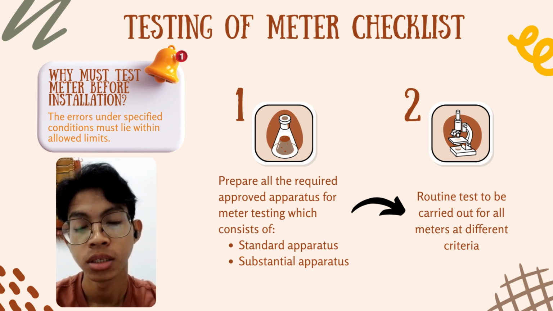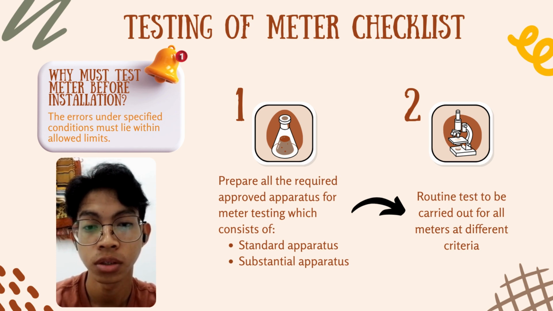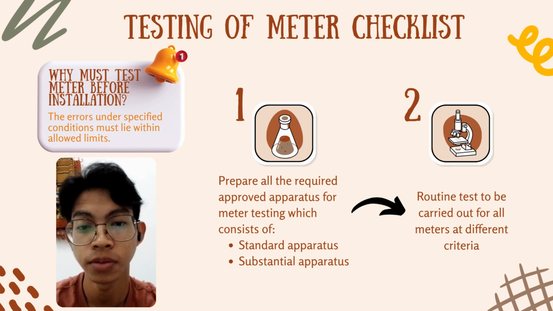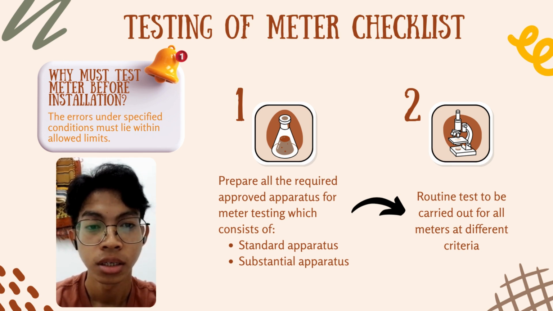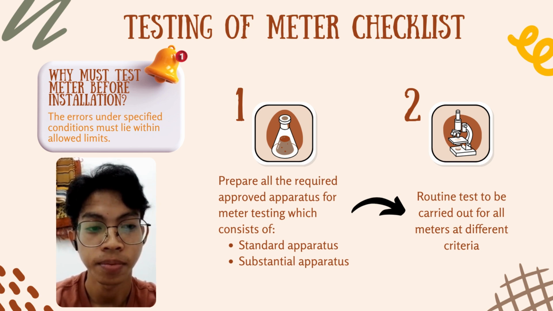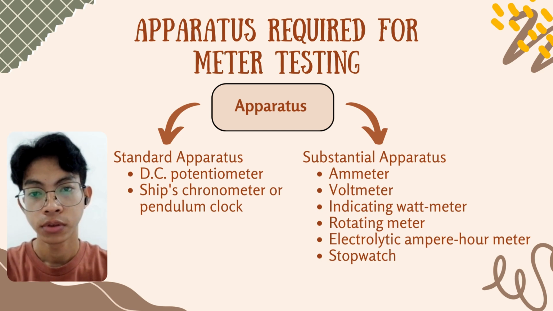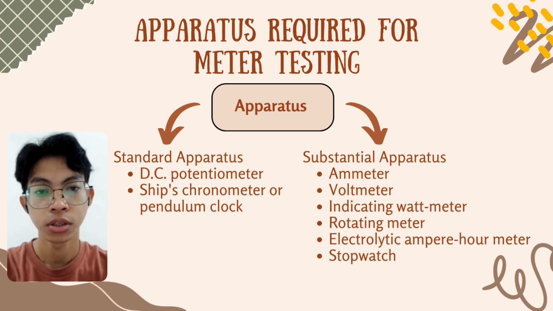So first, prepare all the required approved apparatus for meter testing, which consists of standard apparatus and substandard apparatus. Next, the routine tests are carried out for all meters under different criteria. So, the apparatus required for meter testing consists of standard apparatus and substandard apparatus.